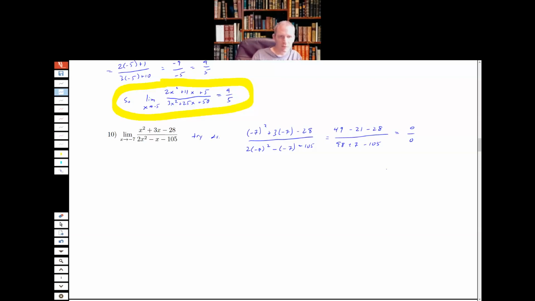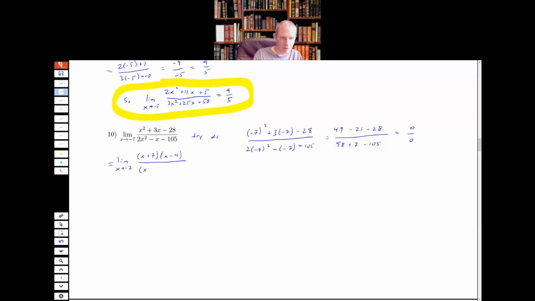Okay, so we have a similar situation to the last one. I plug in negative 7 and we get 0 over 0. So I'm not allowed to use direct substitution, but that also tells me that x plus 7 is a factor. Okay. So if I want to get an x squared, I have to multiply x by x. If I want to get a negative 28, I have to multiply a negative 7, or sorry, a positive 7 by a negative 4.